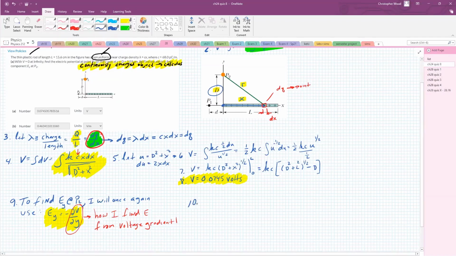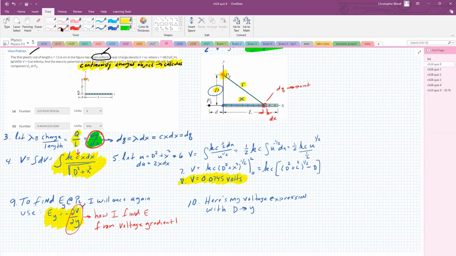Number 10. Here's my voltage expression, which I had to do some heavy lifting to get to that point. Now what I'm going to do is let D become Y, because now that I know the voltage at this point right here, I want to go on a tour.